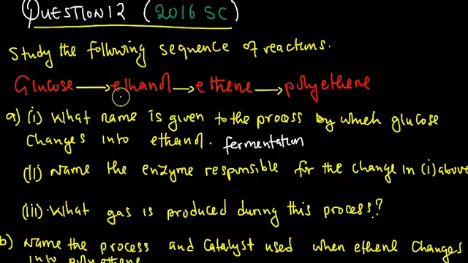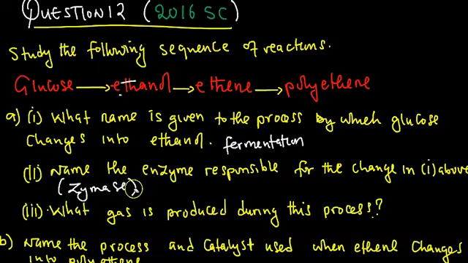So alcohol can be formed, let me not go into that. This one is called fermentation. Then, name the enzyme responsible for the change above. We were looking at the enzymes previously. This one is called zymase. That is the part where I was explaining how alcohol is made from cassava.